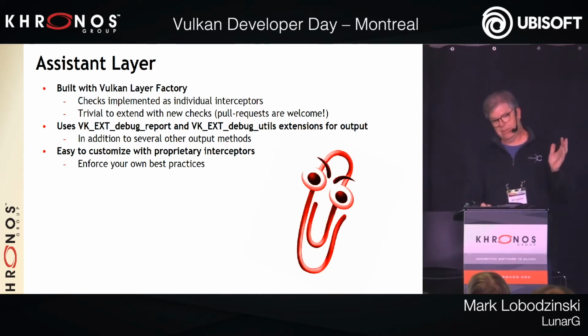Another cool thing is that because it's done on the Layer Factory, it's easy to add your own checks. So you could take the built-in set of assistant layer checks, and if you have internal guidelines or rules or things that you want to enforce in your own organization, it's really easy to tack things onto the end of this layer and customize it for your own use.